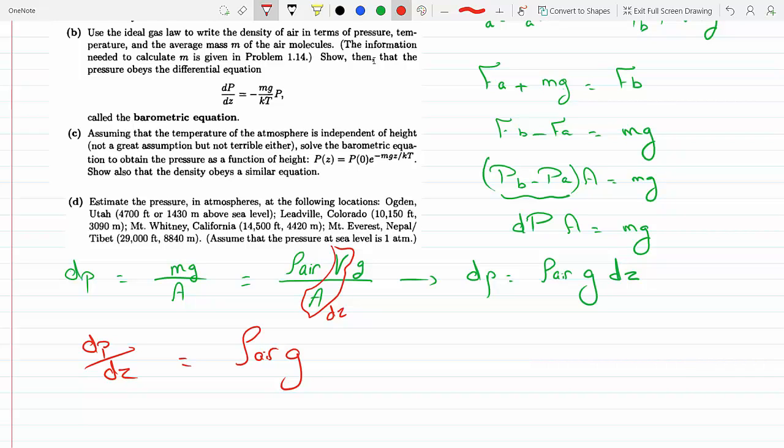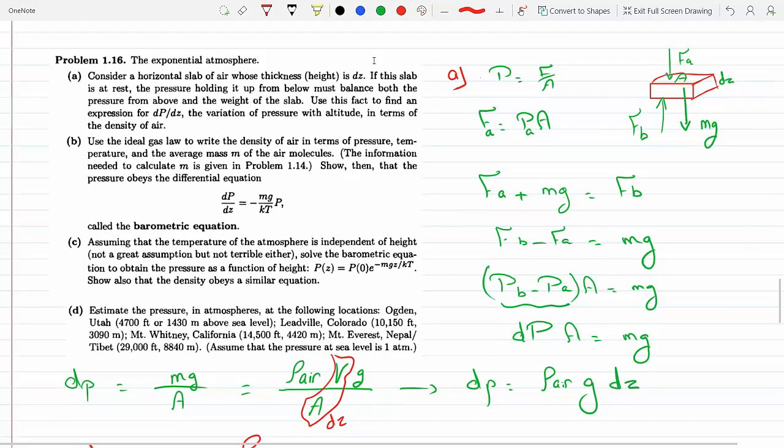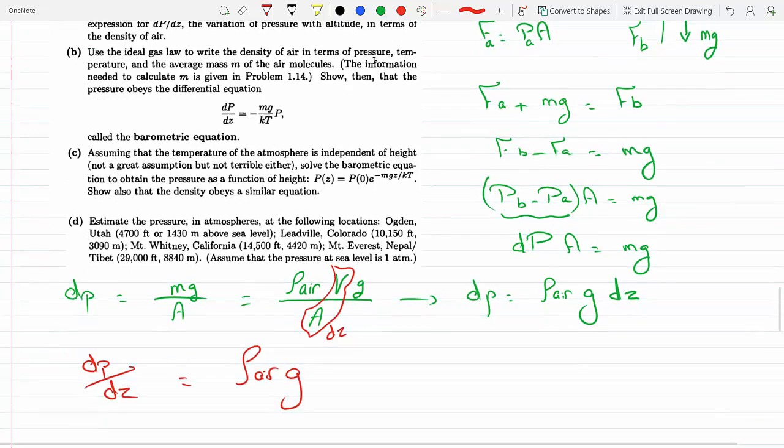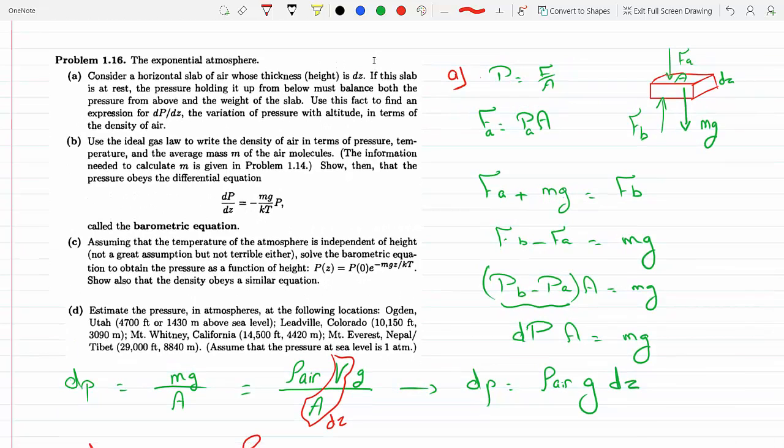Now notice that in my differential I took the difference between the pressure below and the pressure above. If I were to switch, I could just switch the sign and say pressure above minus pressure below in order to indicate the change in pressure with height.